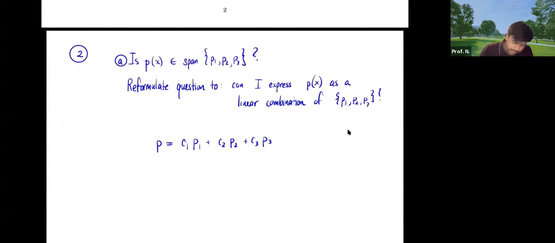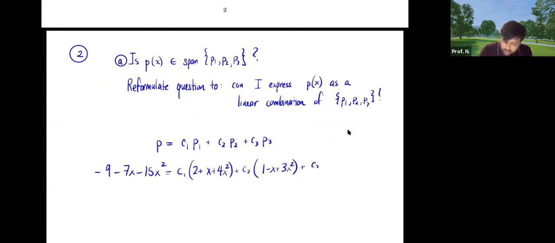P is negative 9 minus 7x minus 15x squared. What's P1? P1 is 2 plus x plus 4x squared. What's P2? 1 minus x plus 3x squared. What's P3? P3 is 3 plus 2x plus 5x squared. Do you guys follow? All I did was replace P1, P2, P3 with their respective polynomials.